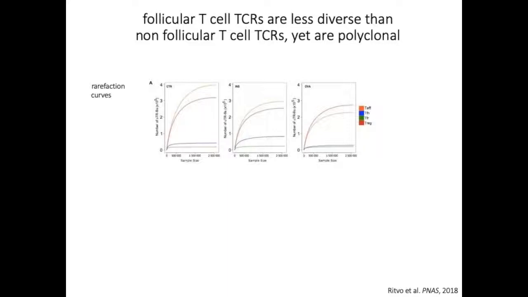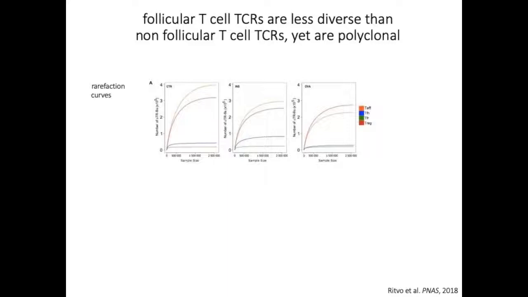For example, here the rarefaction curves clearly indicate that the repertoire of Tfh and Tfr is quite a bit less diverse than the repertoire from Tf and Treg. And this is true when you purify these cells. Actually, I should have said that we're using spleen cells, not lymph node cells, but it's an approximation of the lymph node cells.